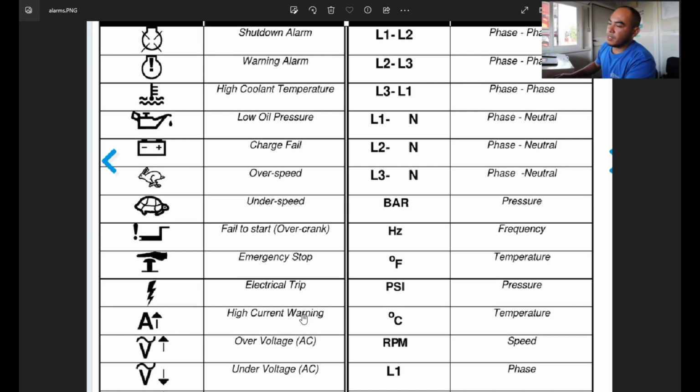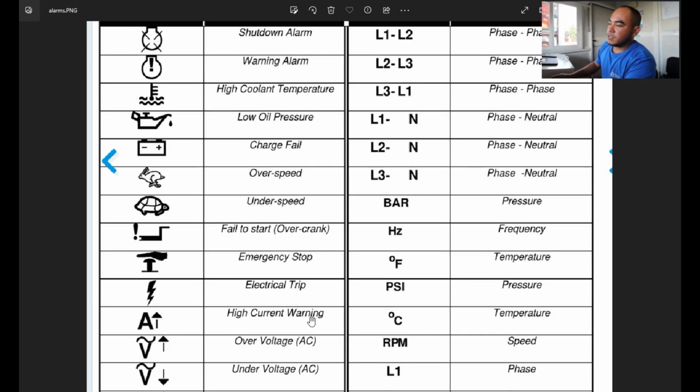If you encounter this symbol, it has not shut down yet, it just gives you a warning that the level of your current is rising, coming to shutdown. It is coming to exceed your parameter, or the full load current of your generator.